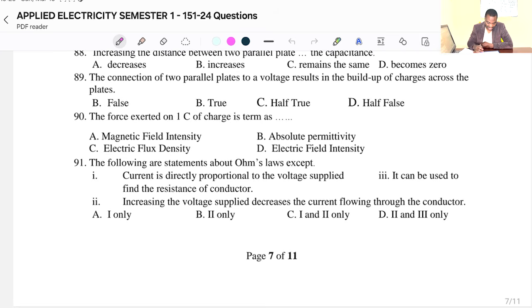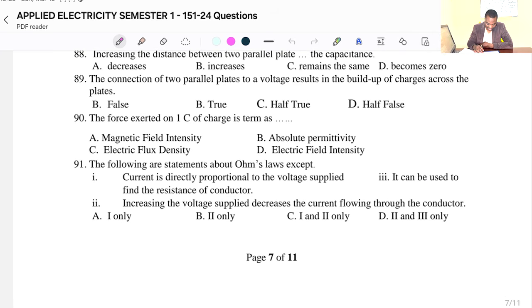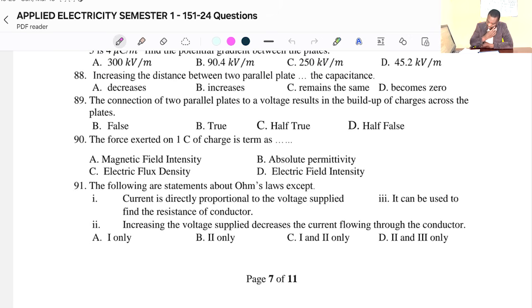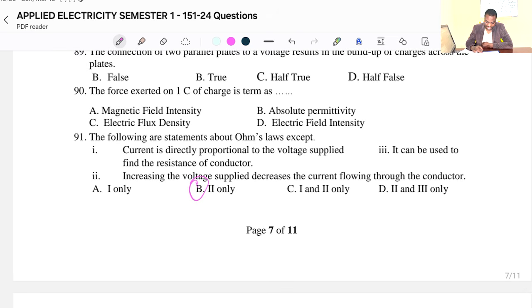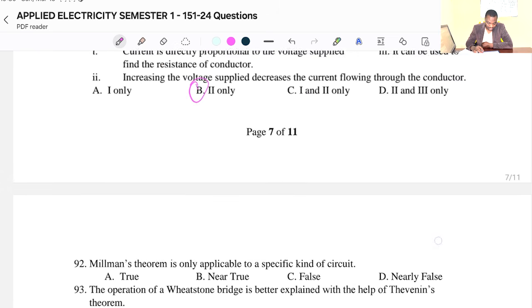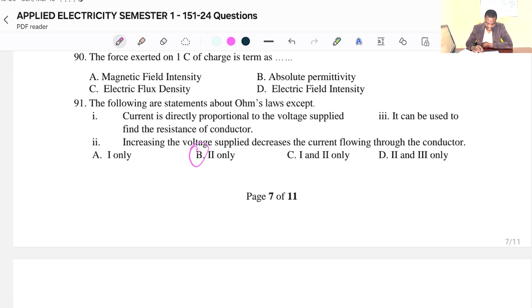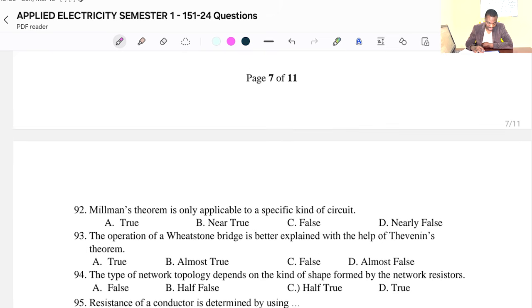So the second one here is wrong, right? So the answer here will be B, because if you increase the voltage supply, this should rather increase the current flowing through the conductor.